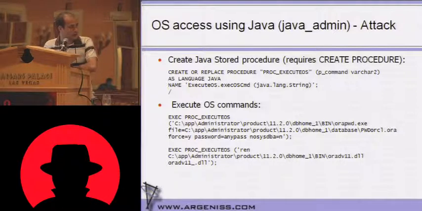So we can execute the rename command to rename the DLL file, and also we can execute the orapwd tool to overwrite the sys password and to enable sysdba access.